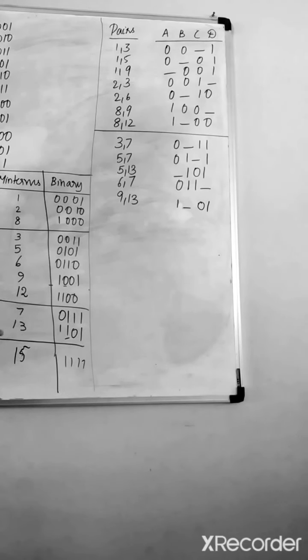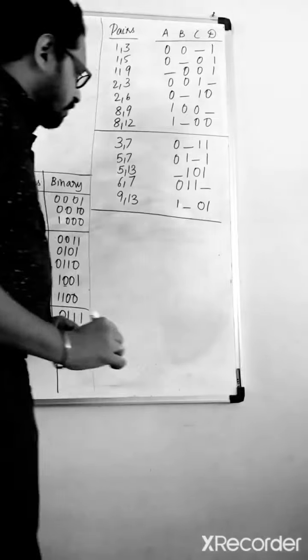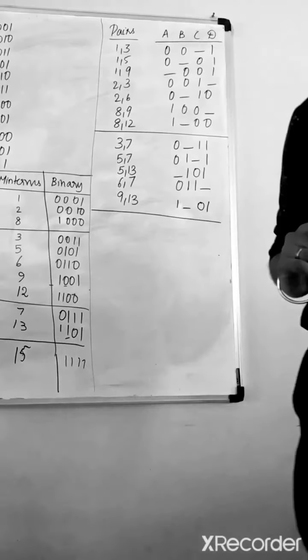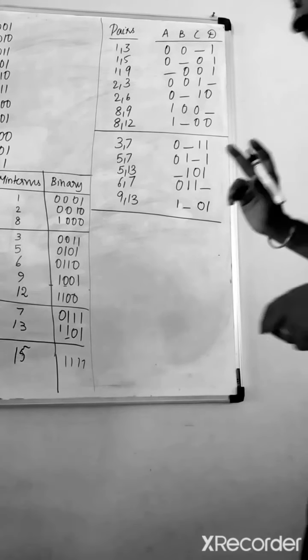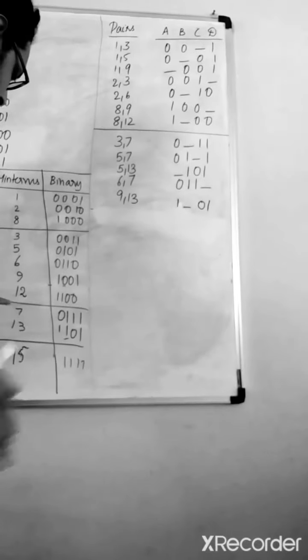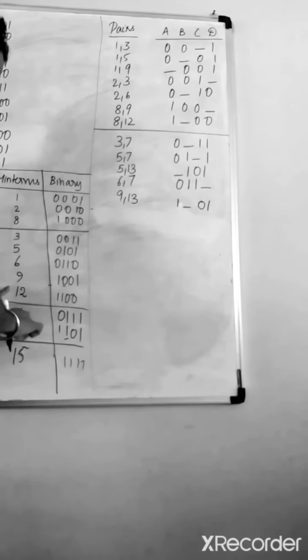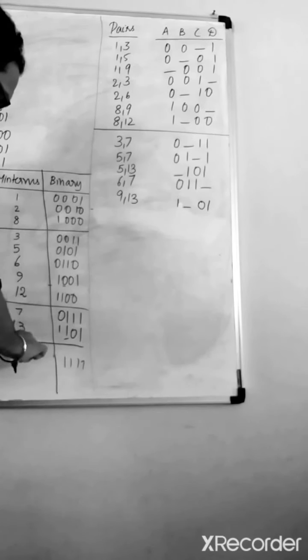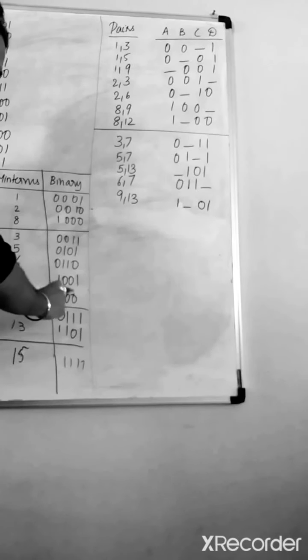Then what we do is, that's the end of that particular set. Please check it. Okay, sorry, there is one more thing remaining. 12 is compared with 7, more than one change, and 12 is compared with 13: 1, 1, 0, 0 and 1, 1, 0, 1.